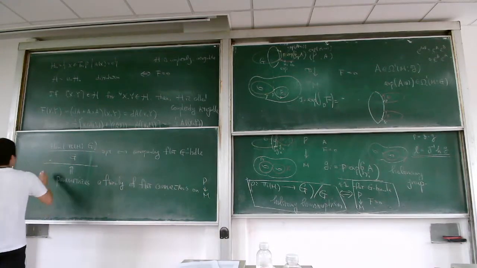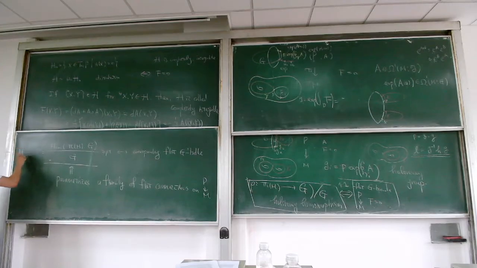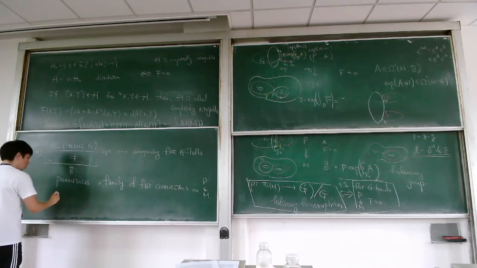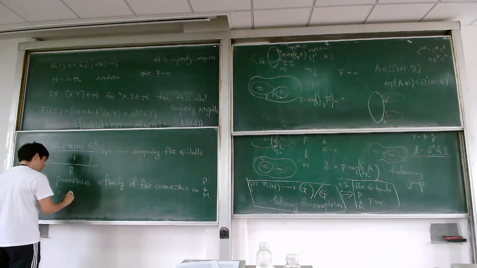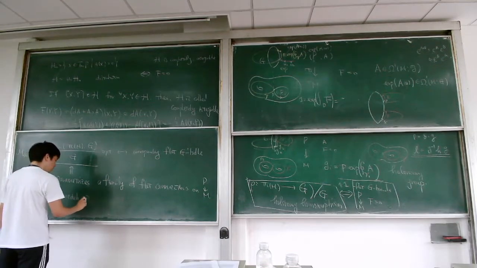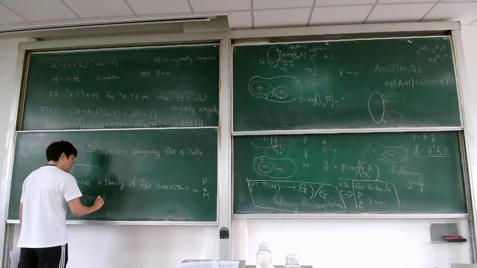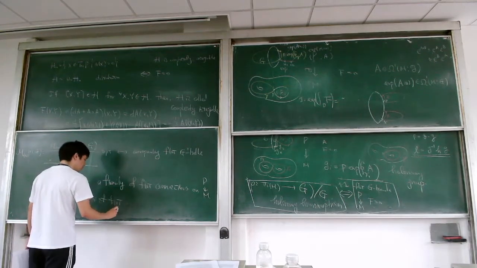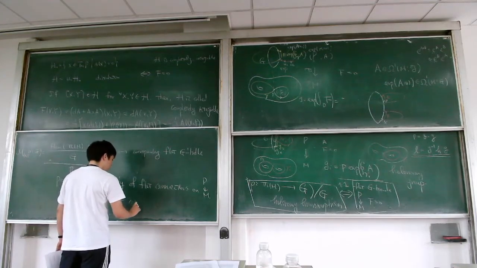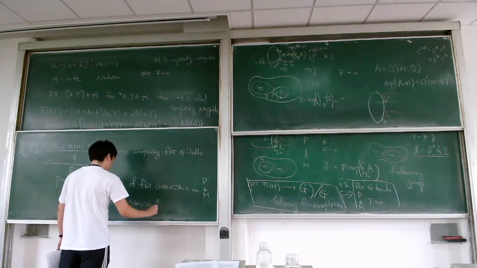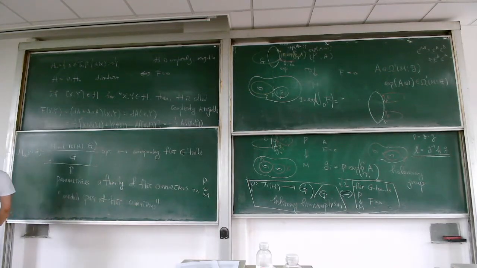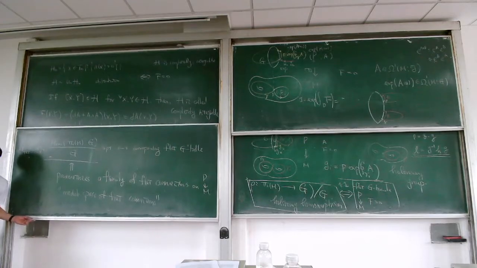And often people call this the moduli space of flat connections.